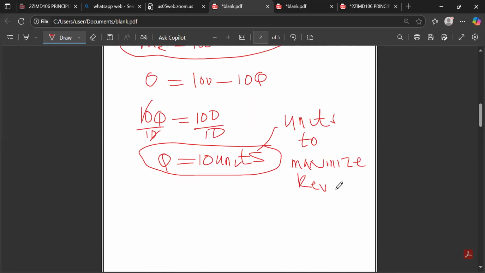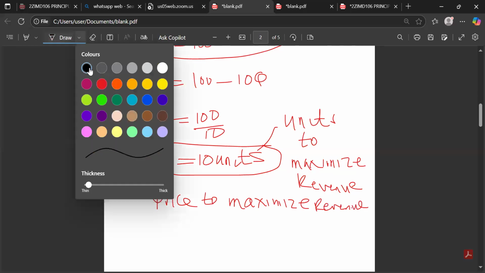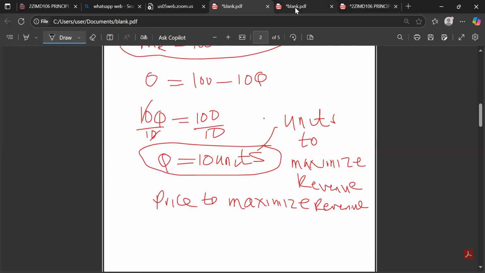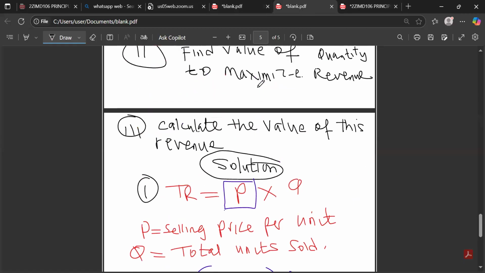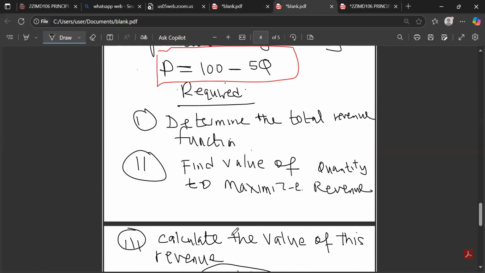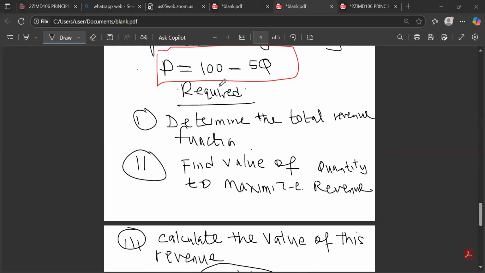Okay. So what is the price to maximize revenue? We need to come back here and check the price that was given in the question. The price was 100 minus 5Q. Okay, you've seen it?